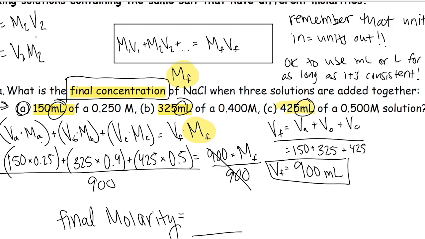So you cannot switch units halfway through. However, molarity by definition will always be per liter. So your M is always going to be number of moles per liter. That's fine. You can put molarity and milliliters in the same equation if you're using it appropriately.